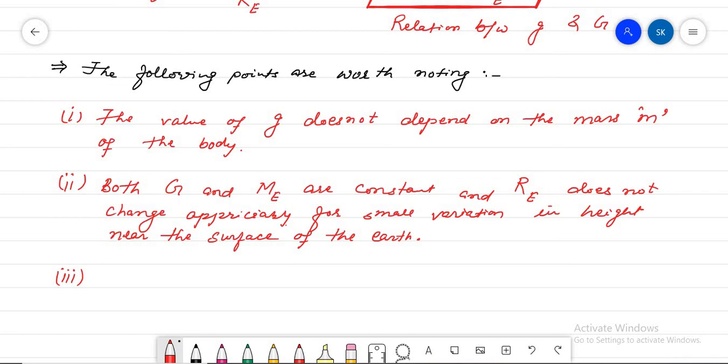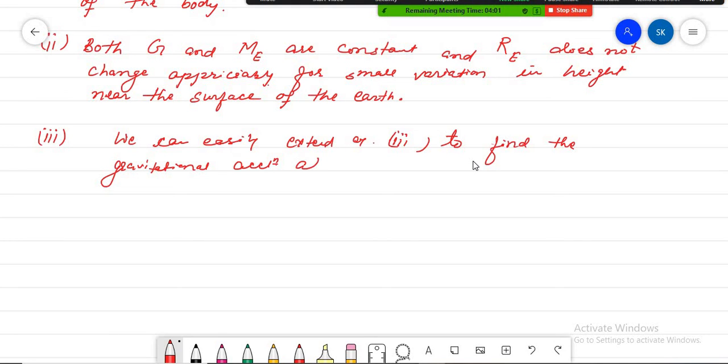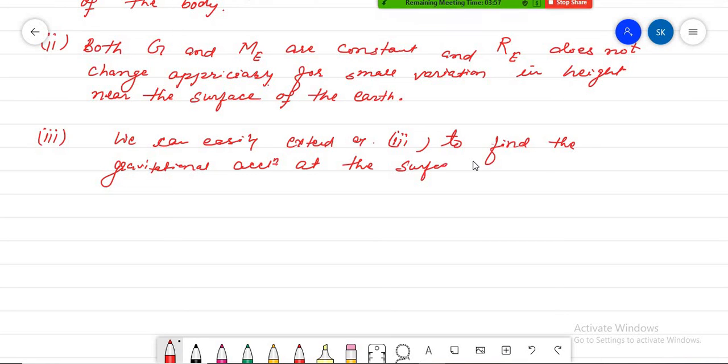And the third point, we can easily extend equation 3, which is the relation of small g and capital G, to find the gravitational acceleration at the surface of any planet of mass MP and radius RP.